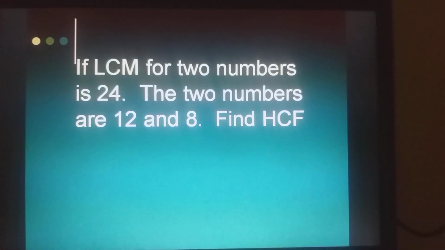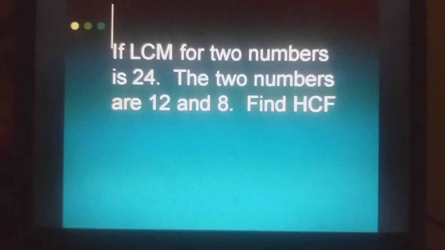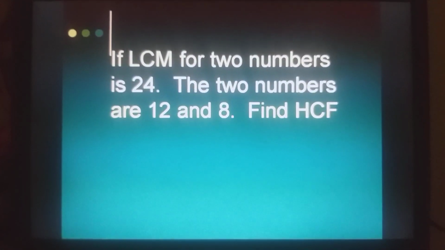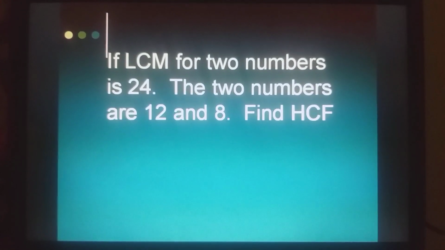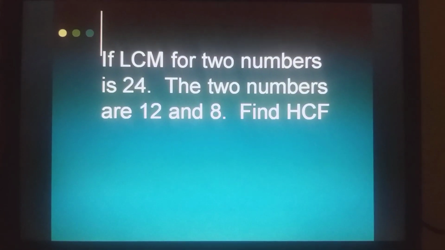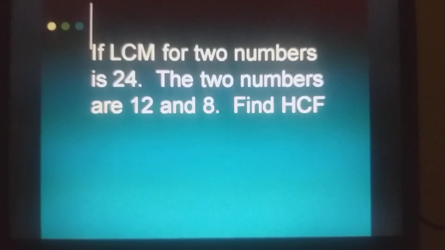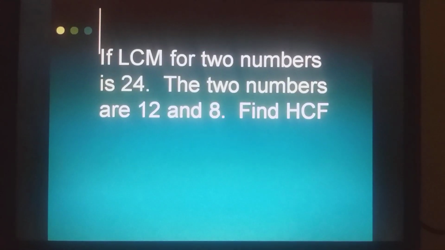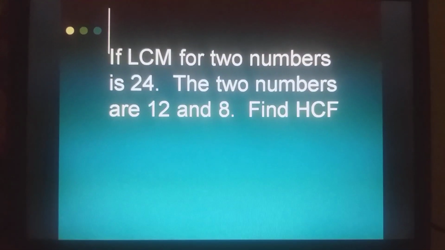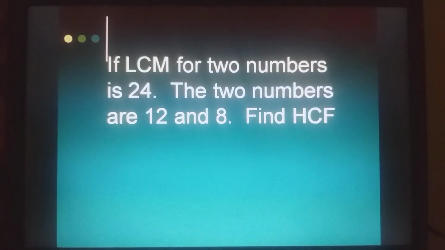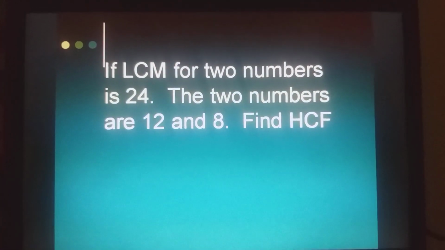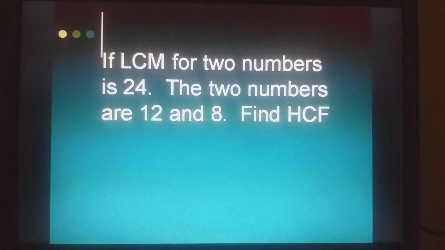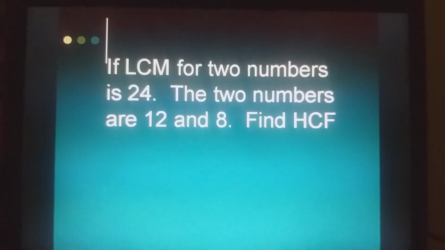If LCM for two numbers is 24 and the two numbers are 12 and 8. Now here you are given the numbers and you have to calculate HCF using the formula. What was the formula? Yes, the formula is HCF into LCM is equal to A into B, where A and B are the two numbers.